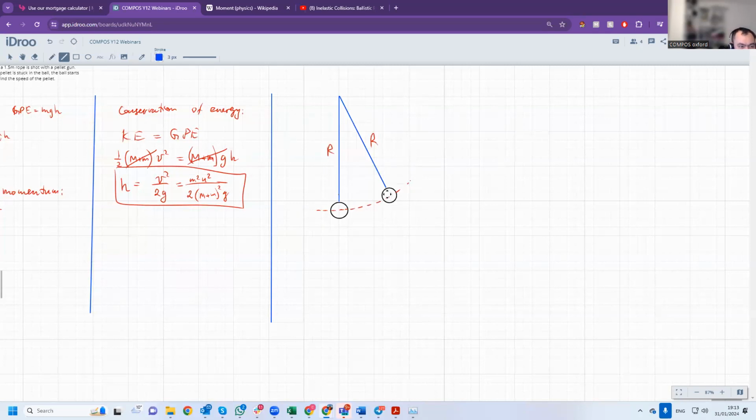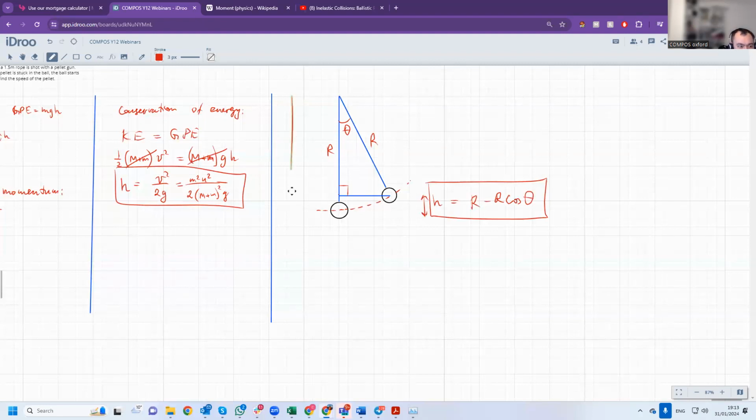So if we draw a line like this, and let's say this angle is theta, the maximum angular amplitude. So this is the height. The height is equal to r minus r cos theta, because it's a right angle triangle.